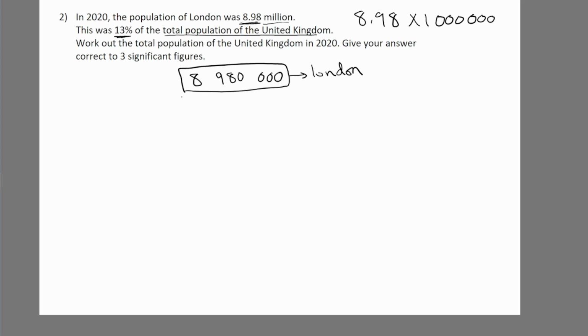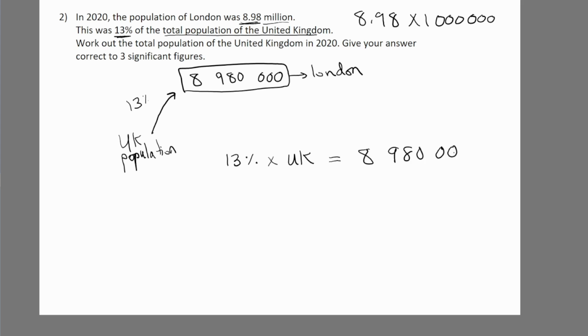So essentially, how did we get this number? It's by finding 13% of the UK population. Now, as you remember, in our introductory videos, we explained how to find something as a percentage of. So obviously, 13% multiplied by the UK population gave us 8,980,000, which is the population of London. So this is what the question is explaining. I hope this was clear.